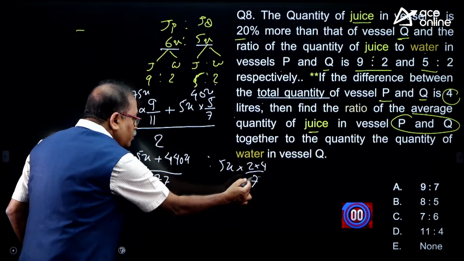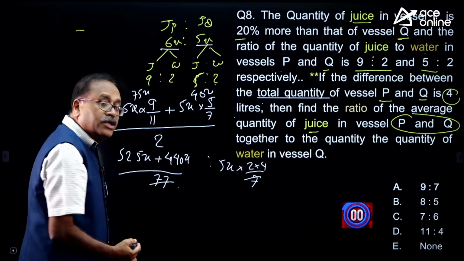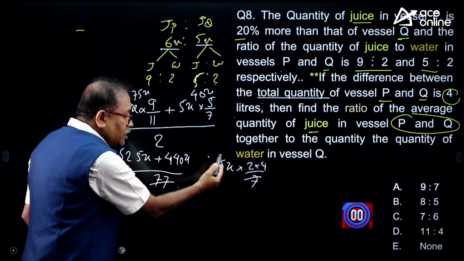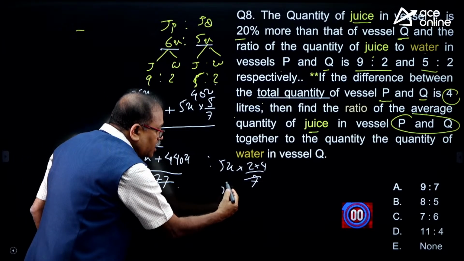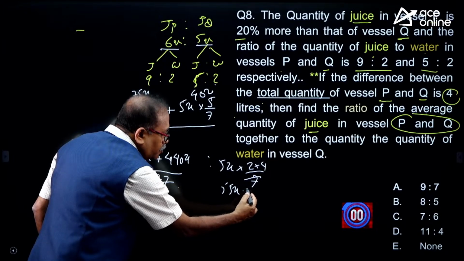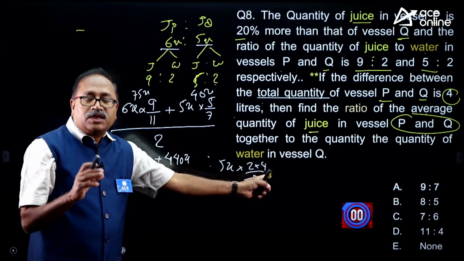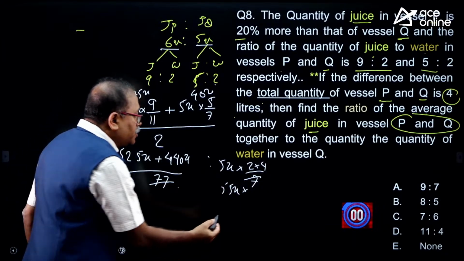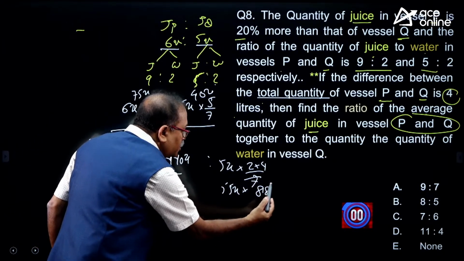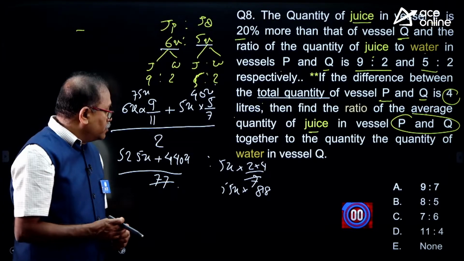Now you notice these 2 are getting cancelled. It gets 11 times over here. So take that 11 on the other side. It can be written as 55x into 4 times 2 is 8, and 8 into 11 comes 88. Can I solve this and get the x value?